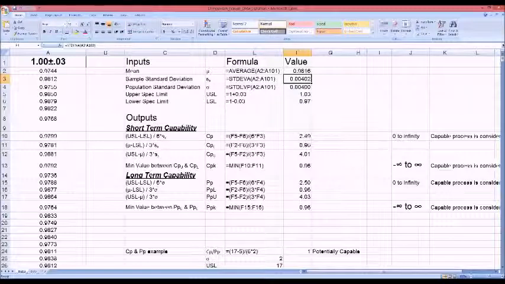Okay, so getting into the actual outputs here, you can see our formula for CP is upper spec limit minus lower spec limit divided by 6 times your S sub x.